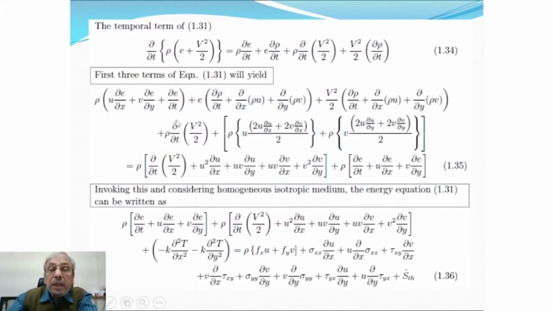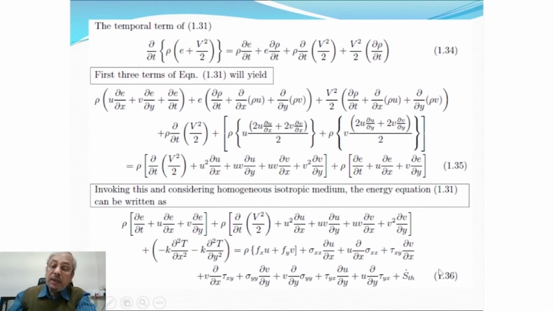So we can now write from 1.35, describing the first three terms: ρ ∂e/∂t plus u ∂e/∂x plus v ∂e/∂y, plus this and all these terms plus diffusive terms equal to the entire right hand side.